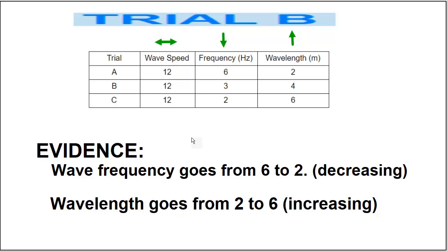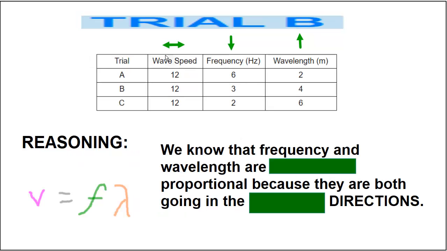Now we're going to go through the reasoning. Again, we don't care about wave speed, it's all about frequency and wavelength. So we know frequency and wavelength are something proportional. This is the main thing we have to answer: what directions are they going in? Look at these two arrows. When you compare them, they're going in opposite directions, or reverse directions. One's going up, one's going down.